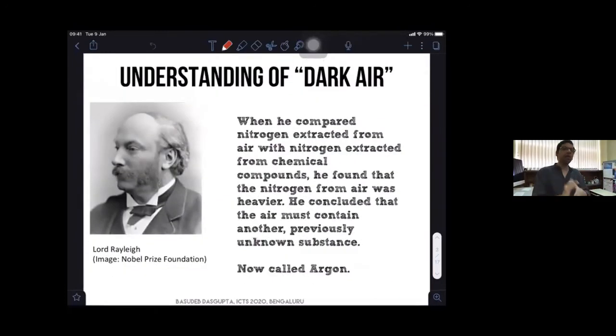So I want to start with a story, a parable, if you will. Imagine that you are in the time where we don't know all the elements of the periodic table. We know there is something called oxygen. Lavoisier has just discovered oxygen in the lab. He's created it.